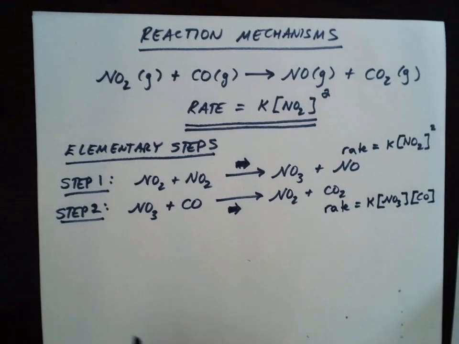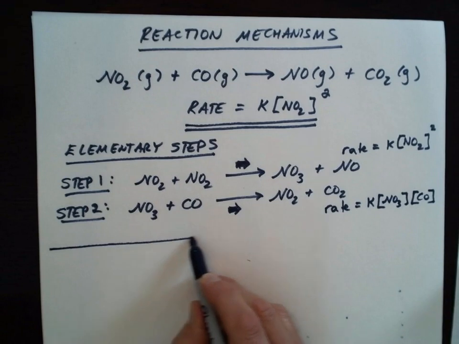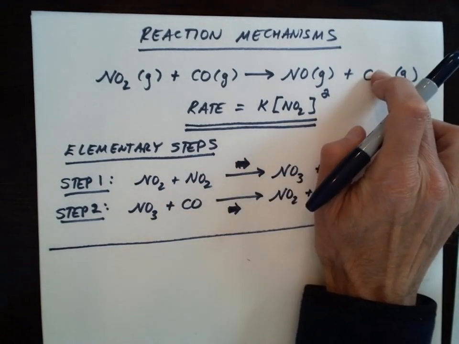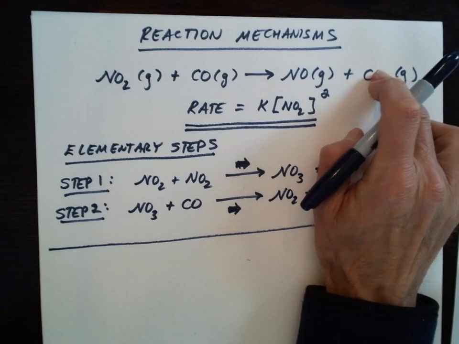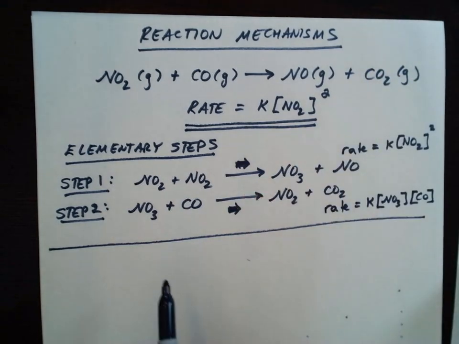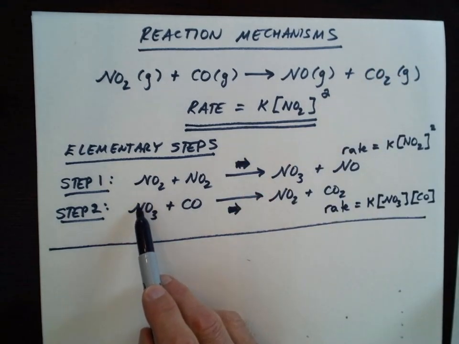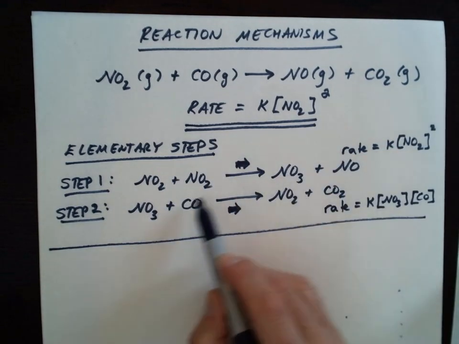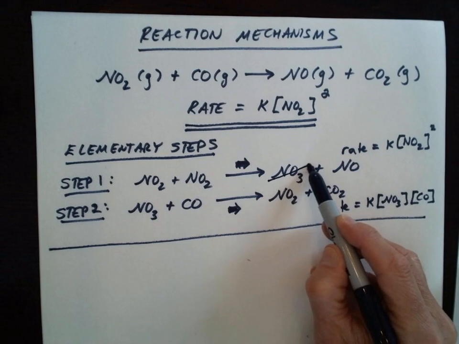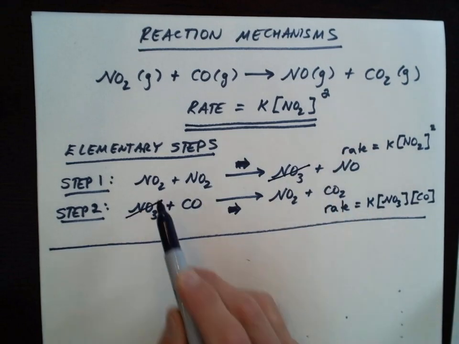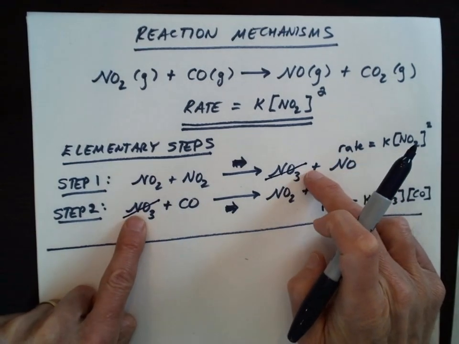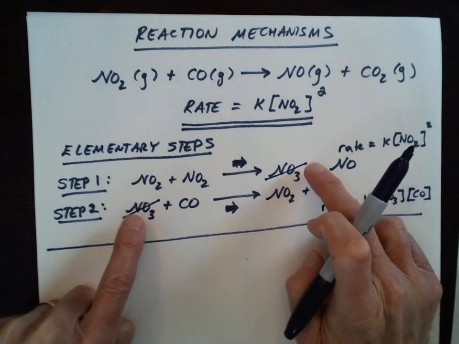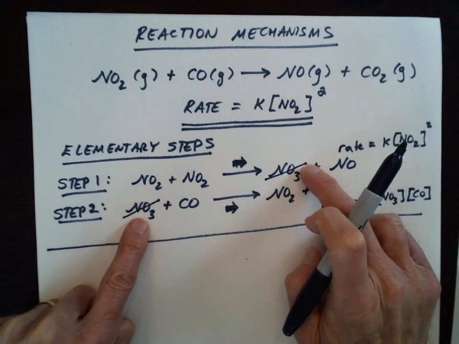Now, we want to make sure that we're able to add these two steps together to give us the overall reaction stoichiometry. And indeed, we can do that, because if I take the reactants and products in these two reactions, notice I get an NO3 out, but that NO3 is consumed. So anything that's on the reactant and product side in the same identical chemical and physical condition can be canceled out.